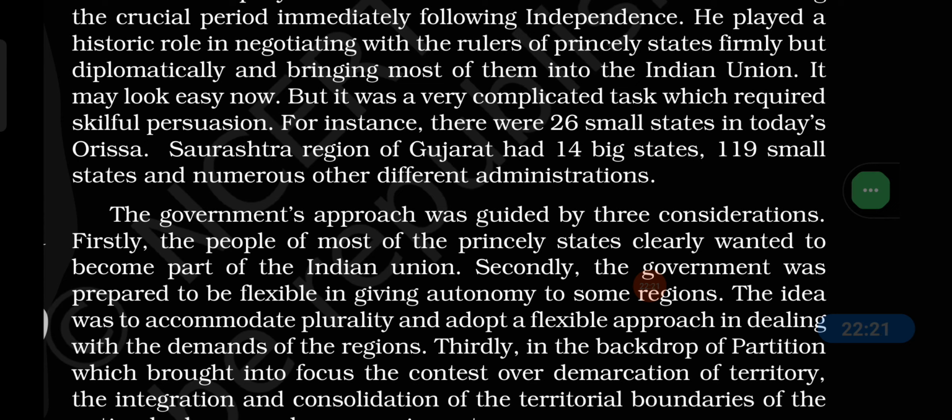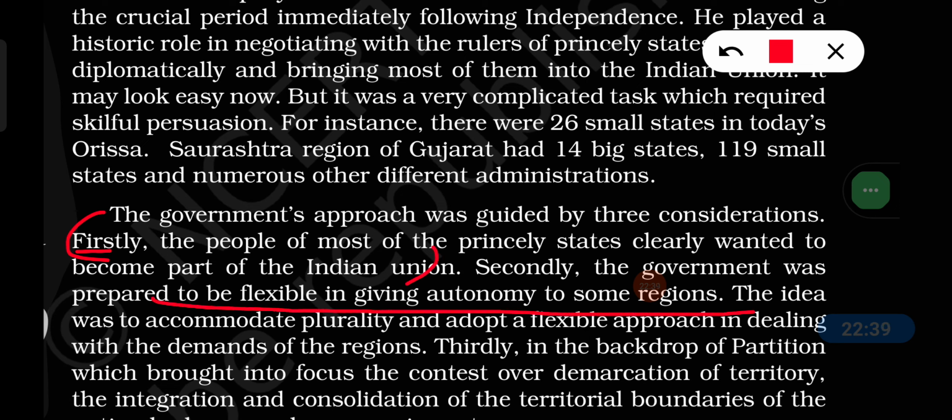The government's approach was guided by three considerations. Firstly, the people of most of the princely states clearly wanted to become part of the Indian Union. Second, the government was prepared to be flexible in giving autonomy to some regions. The idea was to accommodate plurality.